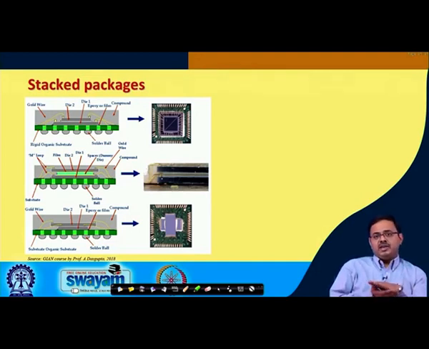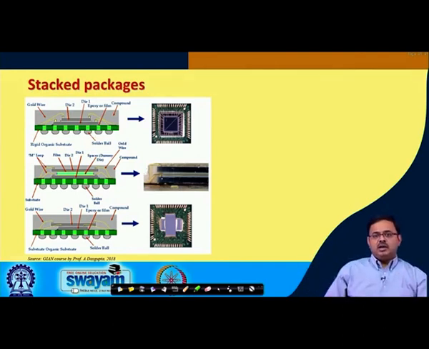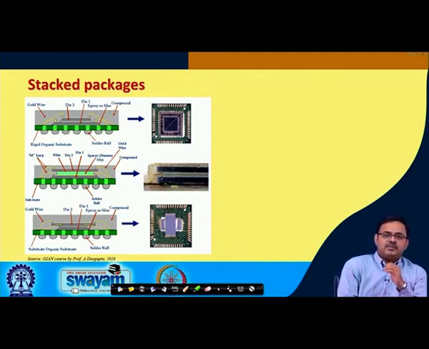So, the first one can be a flip chip ball grid array device on the substrate, and then what comes on top can be wire bonded. These days people are also talking about two layers of ball grid solder bondings. So, that is possible.